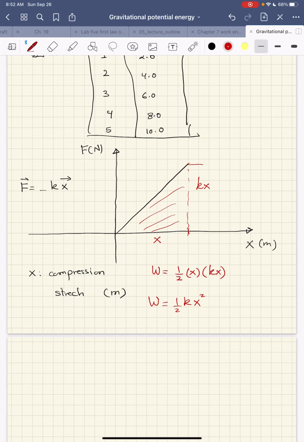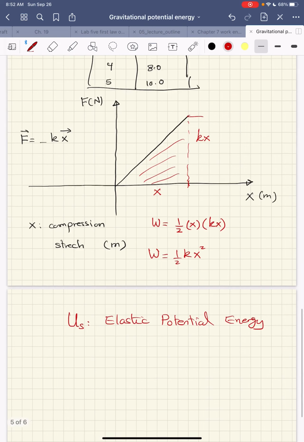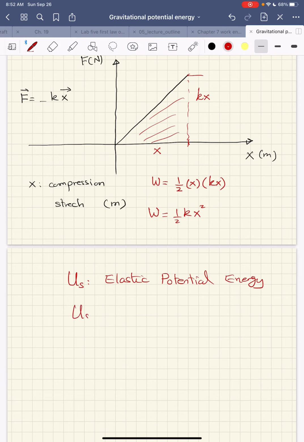Now here we can also define US, which I will call elastic potential energy, as 1/2 kx squared.